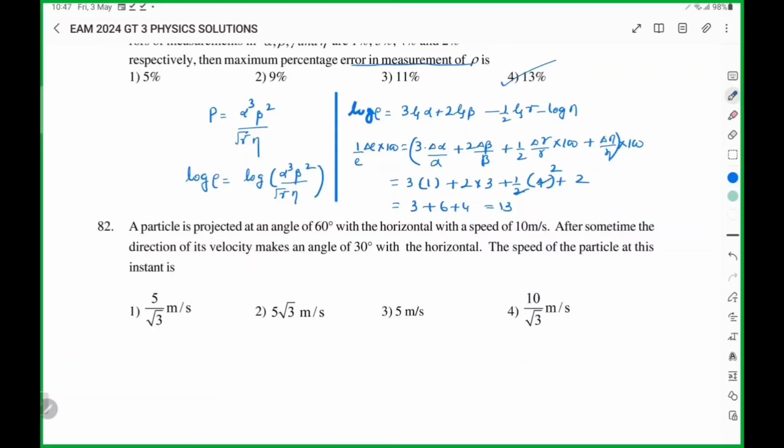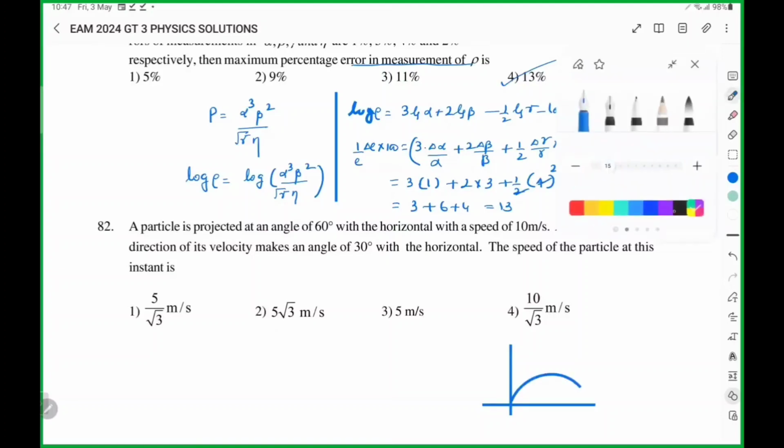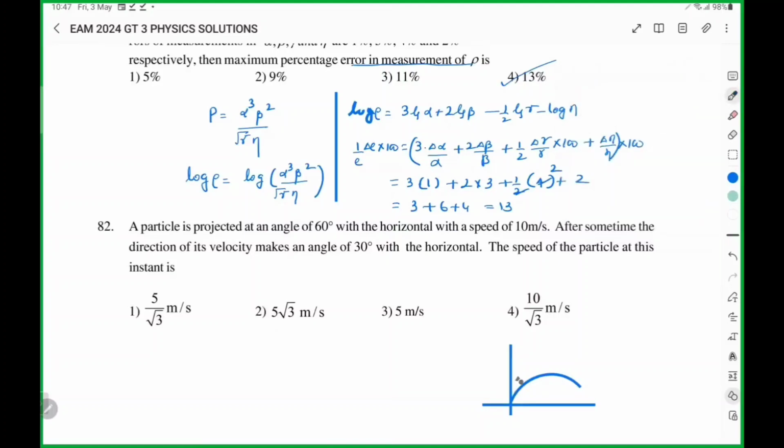A projectile is projected at an angle of 60 degrees with the horizontal with 10 meters per second. After some time, direction of velocity is 30 degrees with the horizontal.